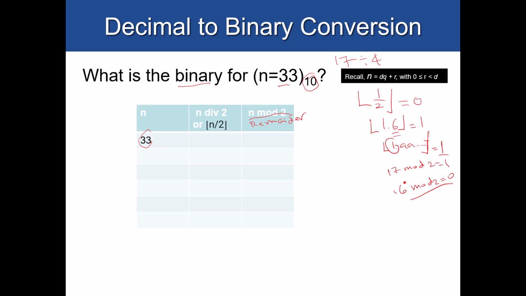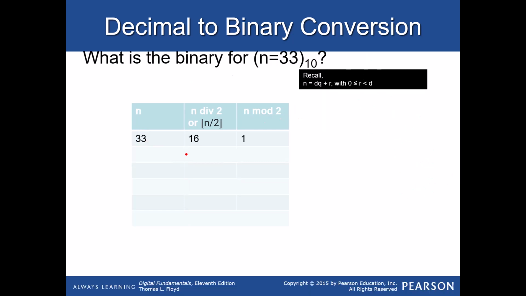Okay, let's see how we're going to get the equivalent of 33 in binary. So we take 33, we divide it by 2, we get 16, and the remainder is 1. This is the quotient, and this is the remainder. Again, we take 16 and divide by 2. Now 16 becomes our new n. We divide it by 2, we get 8, and the remainder is 0.